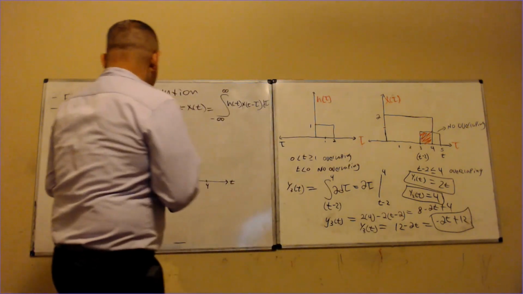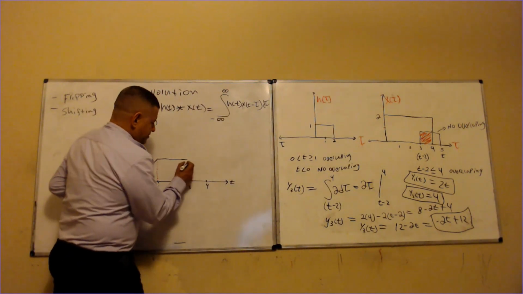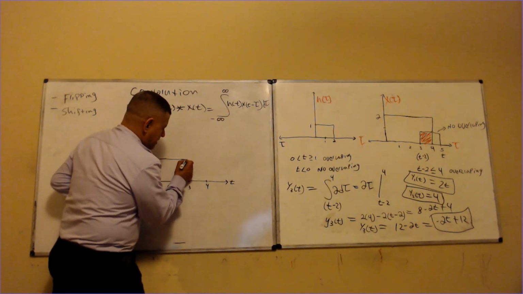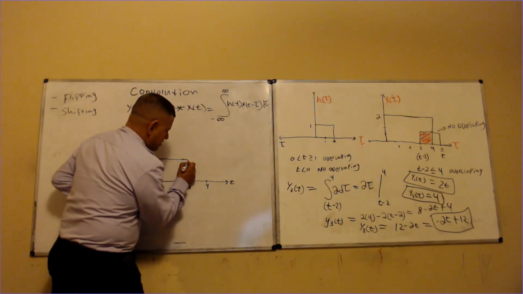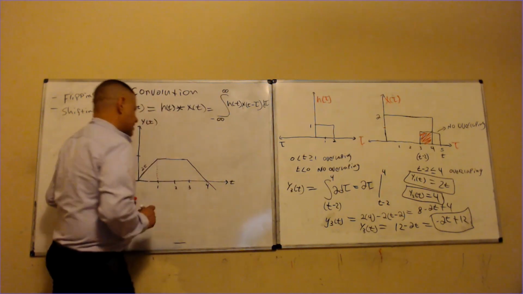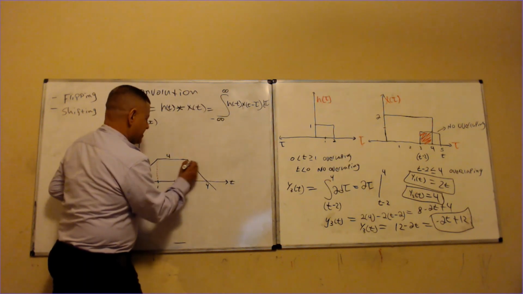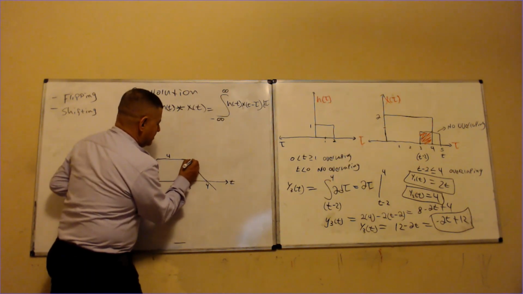Okay, so now right here we're going down, right? So we're going down. Right? And that is the graph. This is 4. And this is negative.